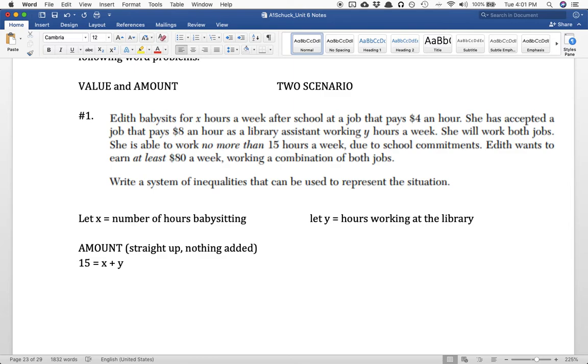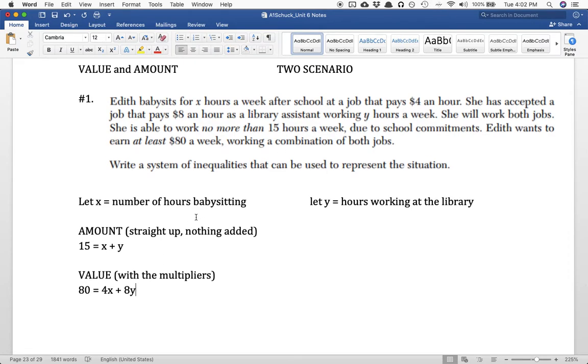Then we have the value, and that's with the multipliers. And the multipliers are, well, first of all, $80 is the value, and that's going to be equal to, it was $4 an hour babysitting, so it's 4x, and $8 an hour as a library assistant, so 8y.